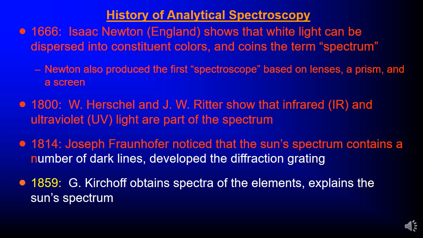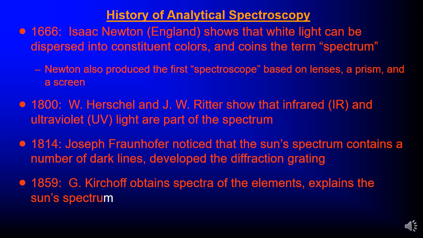In 1800, Herschel and Ritter showed that infrared and ultraviolet light are part of the spectrum.